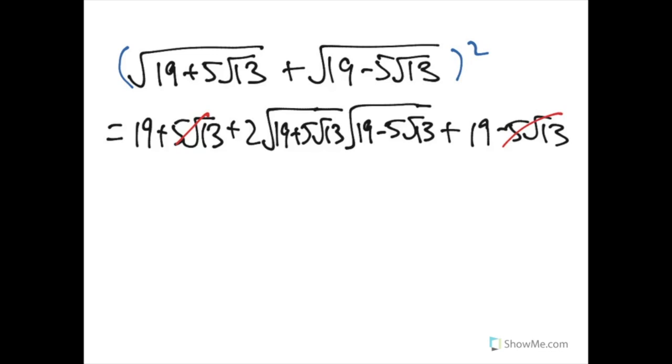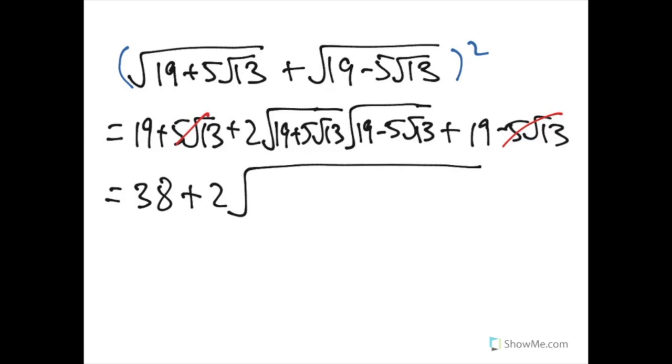These two cancel out, and we get 2 times 19, or 38, plus 2 times this thing on the inside, and we already know that this is a factorization of a difference of squares, so this would simply be 19 squared minus 5 root 13 all squared.